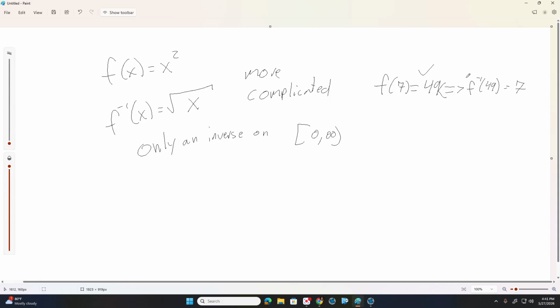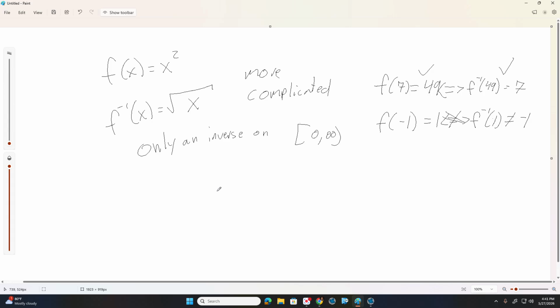And that is true and true. But f of -1 is +1, which does not work because f inverse of 1 is not -1. It actually only tells us the positive.